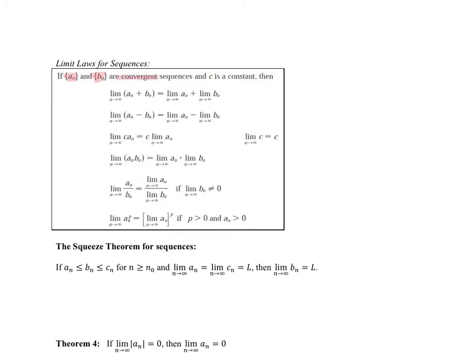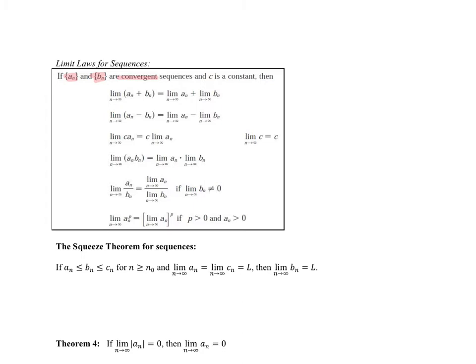So if you had one that was divergent, for instance, if you're looking at this very first rule, and let's say a sub n is divergent, but b sub n is convergent, you cannot apply this rule. You cannot take a divergent sequence and apply it to a convergent sequence and all of a sudden perform one of these properties. You have to make sure that both of these sequences involved are convergent.